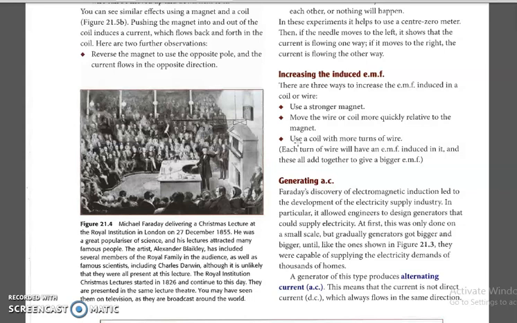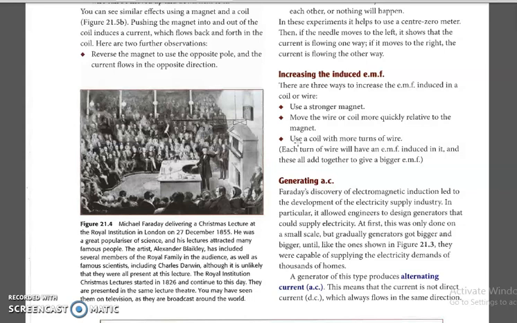The third thing is you have to use a coil with more turns of wire. This is very important. We know that as the number of turns increases in an electromagnet, as we have already studied, the strength of the electromagnet increases.